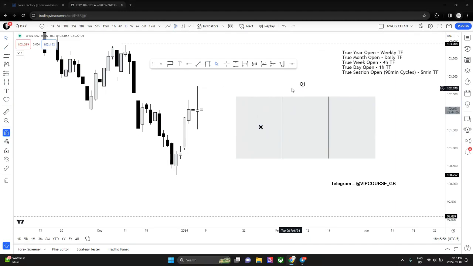So T2 and T3 of Q1, which is the second and the third, that's what you're going to use to predict what Q2 is likely to do. Right?